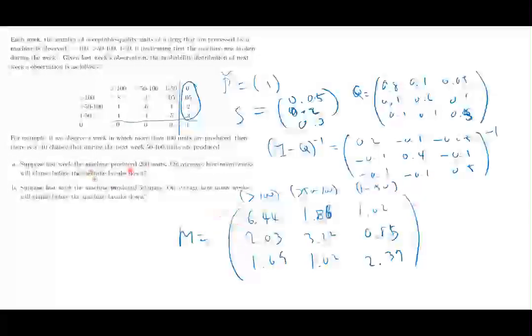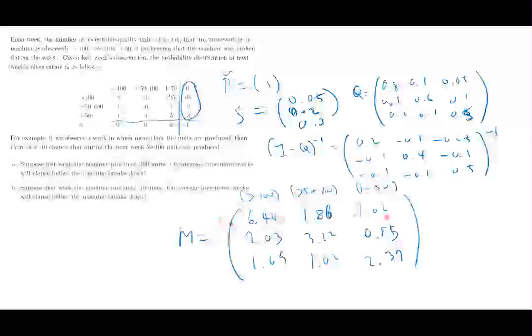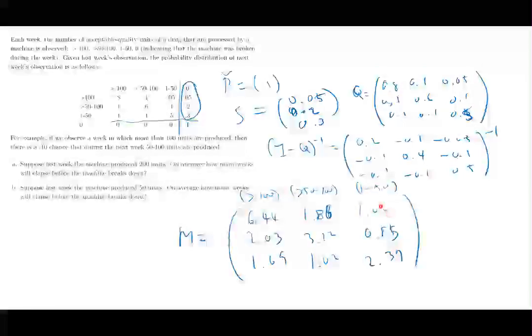On average, how many weeks before it breaks down? Then I just have to read across this row. This is the number of periods or transitions until absorption, going from these transient states to the recurrent state. So I just have to add up my first row, and that's the answer to part A.